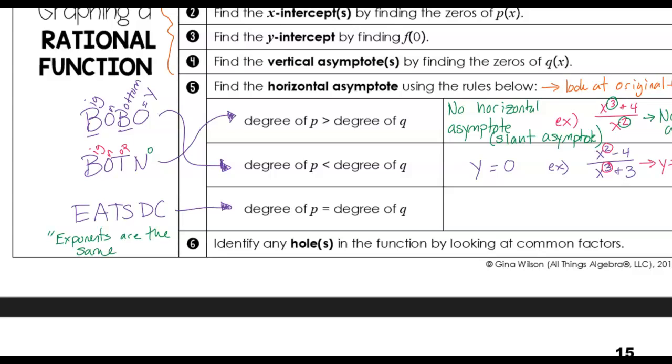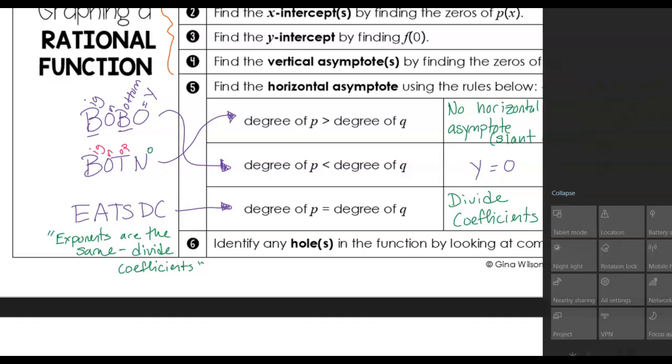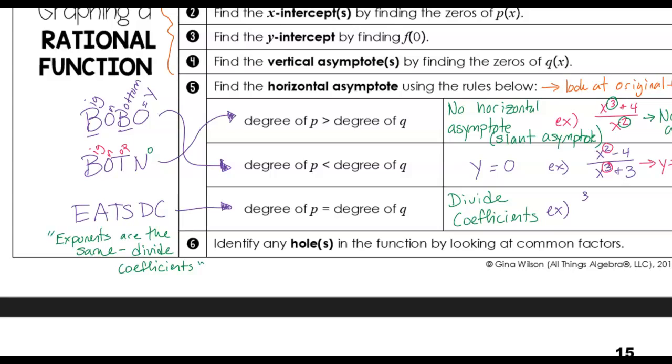When exponents are the same, what you have to do is you divide the coefficients. So what I mean by this, let's do 3x squared plus 2 over 2x squared minus 3.